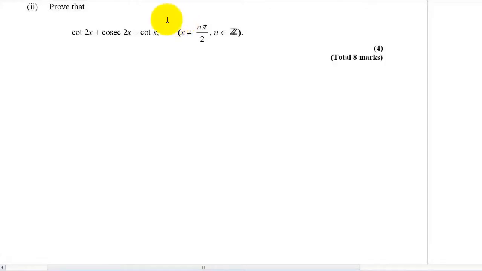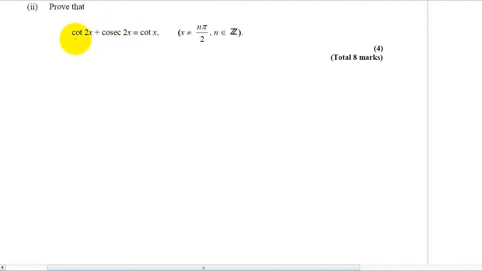Okay, in the last part of our test, we're going to prove that cot 2x plus cosec 2x equals cot x. Now when you're doing these proofs, it's always important that you just take one side and rearrange it until you get the other side. A rule of thumb is always take what looks most complicated and then try and make it simpler.